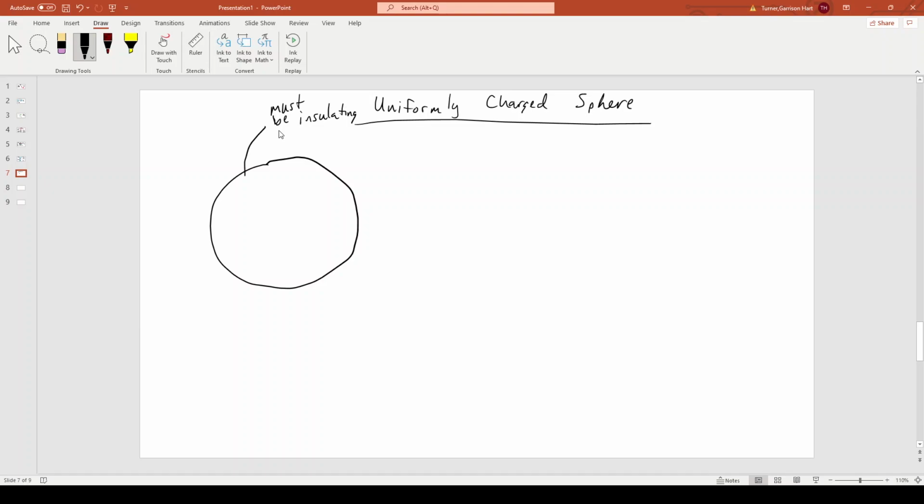So now you have insulating material, and you have a uniformly charged sphere with charge density rho, which is equal to charge per unit volume.